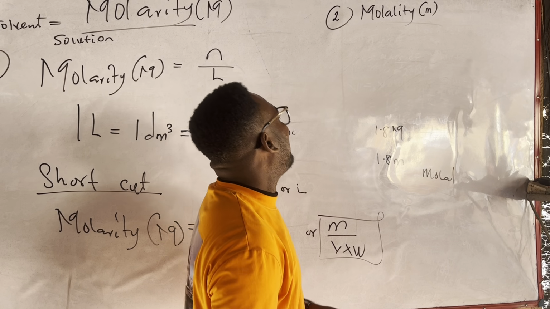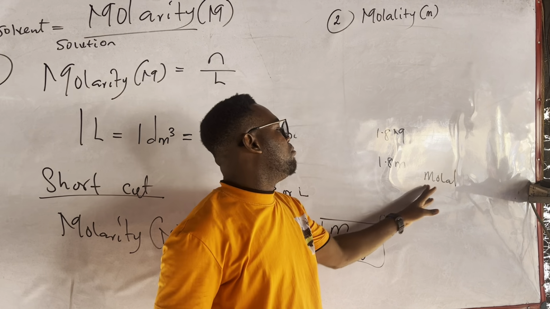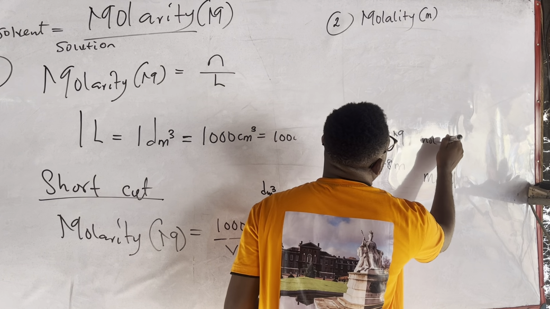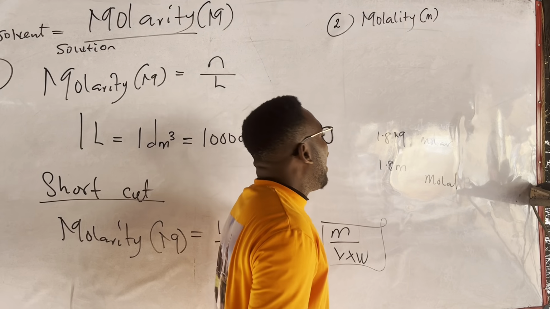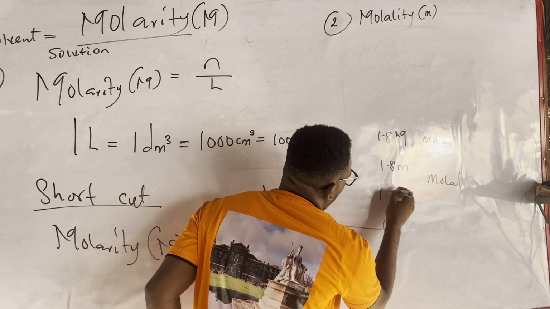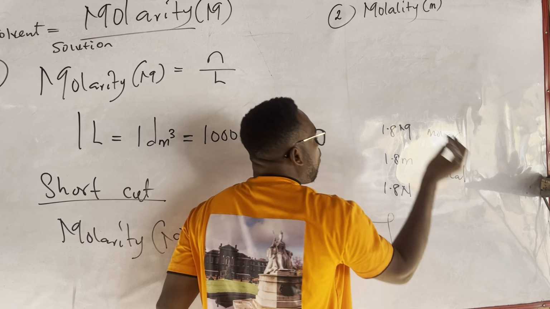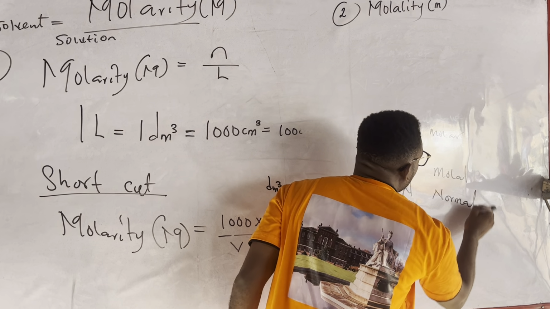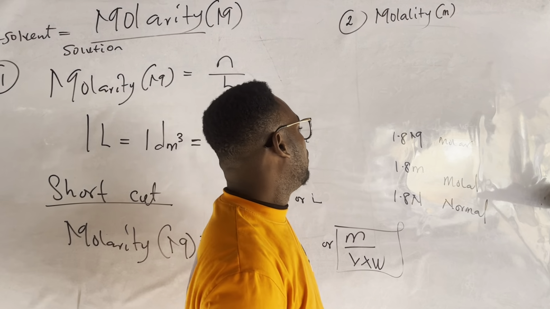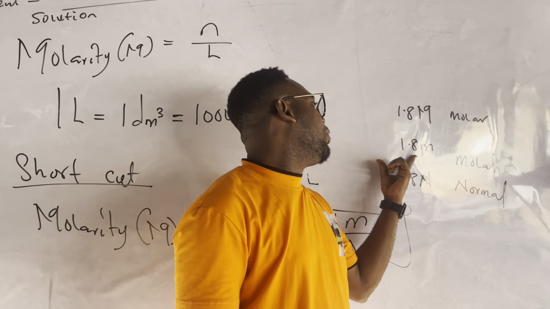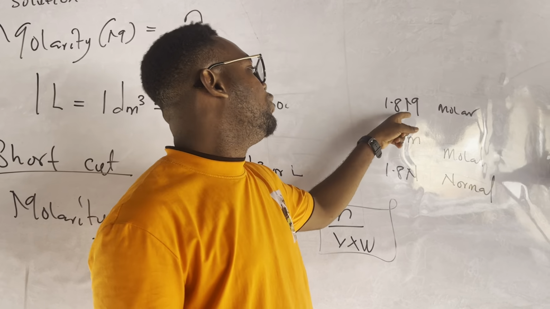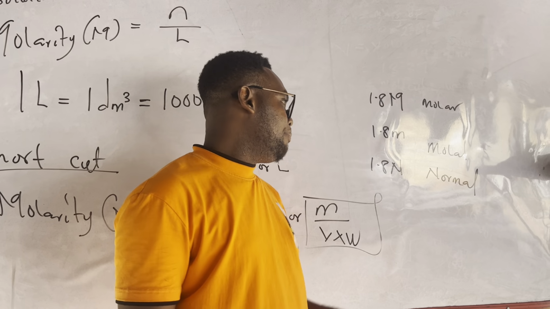So molality is measured in molal, while this one is measured in molar. And equally, when we write 1.8 n, we call it 1.8 normal. So normality uses n, molality uses small letter m, and molarity uses capital letter M.